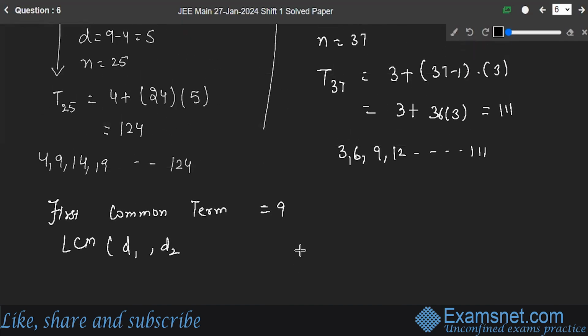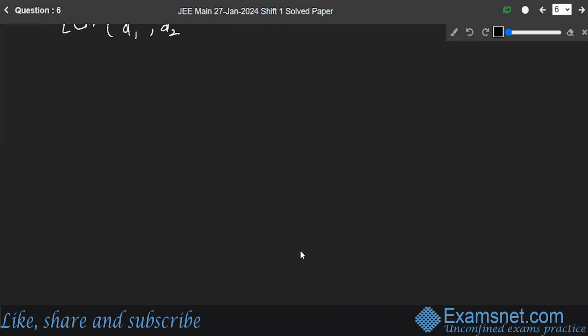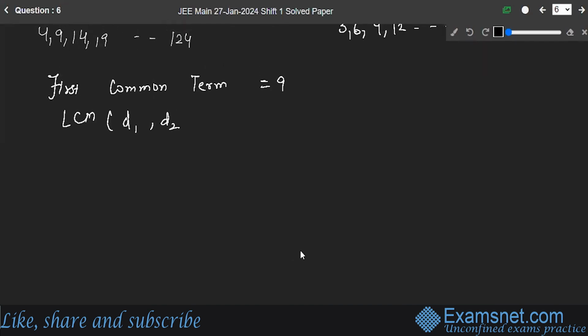These are the two series, so I have to take the common difference, because I have to move in the progression for both the series. So I have to take the LCM of d1 and d2. Here d1 was 5 and d2 is 3. So LCM is equal to 15.